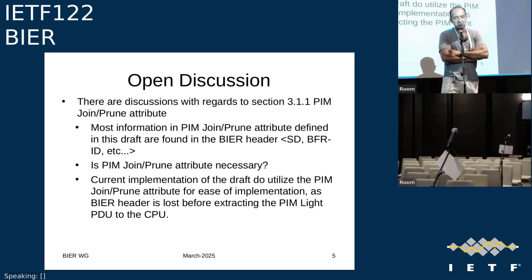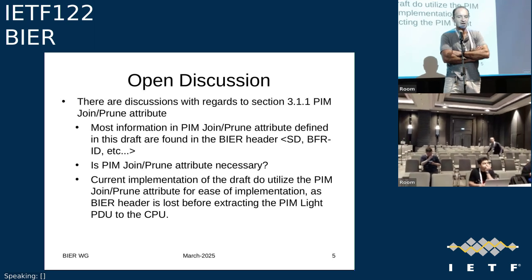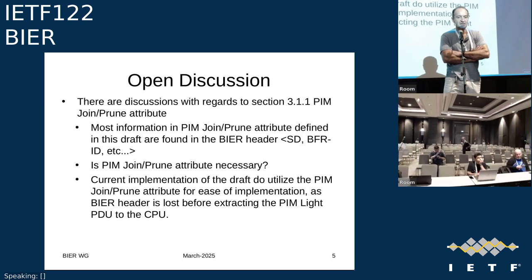Yeah, I mean, again, the only thing I want to put in the table is the implementation. We found it very difficult on the data path to copy and paste the different fields of the BIER header into a proprietary header on top of the PIM PDU.